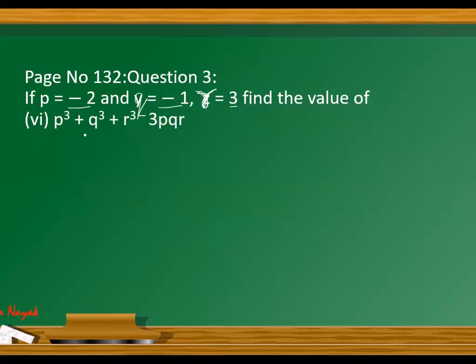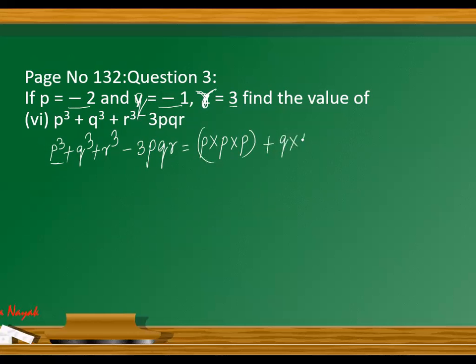We'll go for P cubed plus Q cubed plus R cubed minus 3 times of P into Q into R. So P cubed plus Q cubed plus R cubed minus 3PQR is equal to P multiplies 3 times, plus Q, plus R, minus 3PQR.